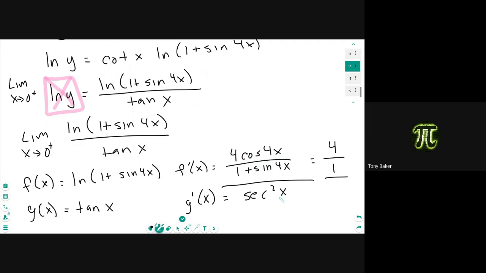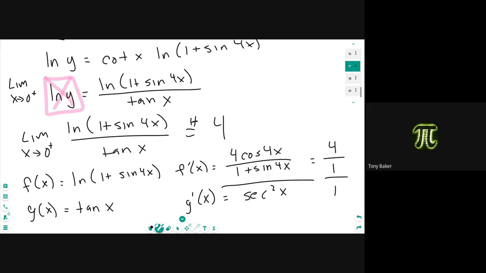If I plug 0 into secant x, secant is 1 over cosine, so I get 1 over 1, and squared is just 1. So using L'Hopital's rule, I get 4. Okay, that makes sense?